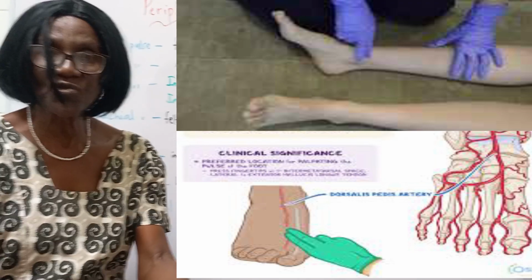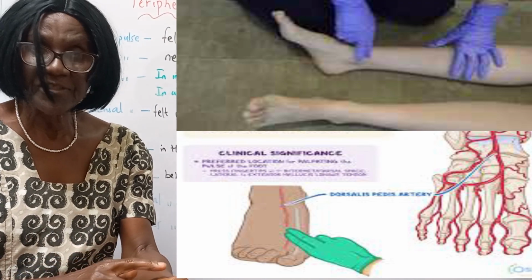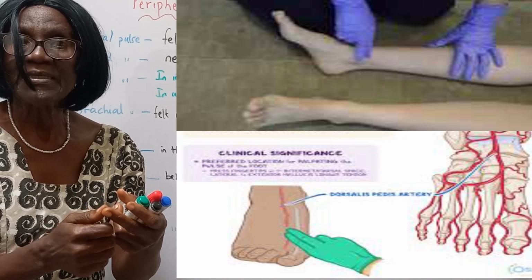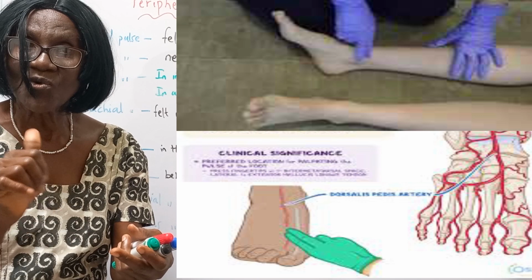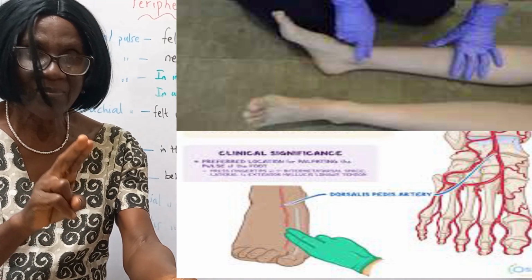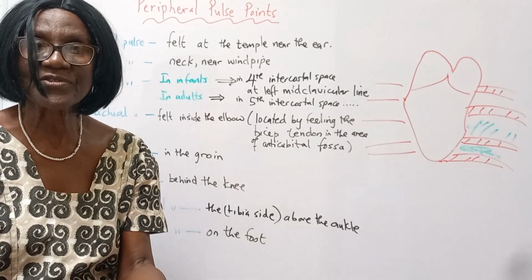Why do we use these two fingers and not the thumb? Well, it's because at the thumb, the pulse can also be felt at the thumb itself. So we ignore using the thumb, but use these two fingers lightly on the peripheral pulse points.